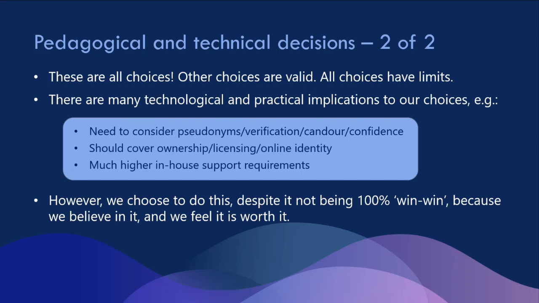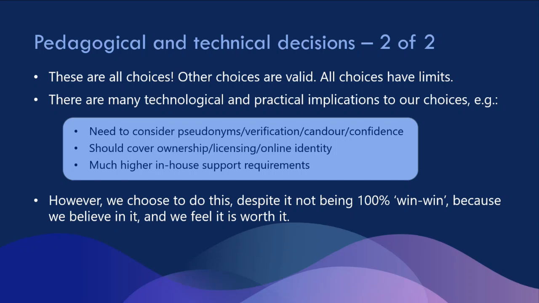So as I mentioned, there's loads of technological implications. For example, asking people to blog publicly, we have to think about the implications of that, and it's very different from submitting a Word document into a learning management system. There are pros and cons, so we had to think about pseudonyms.